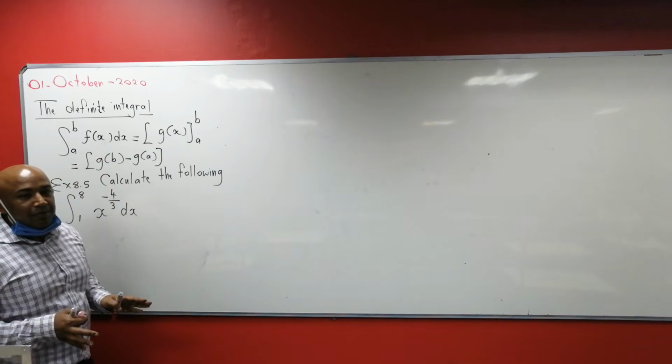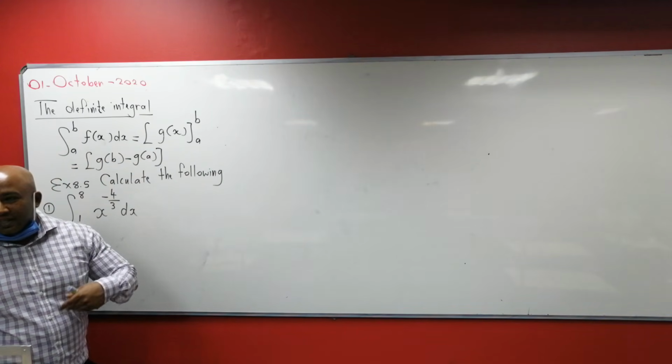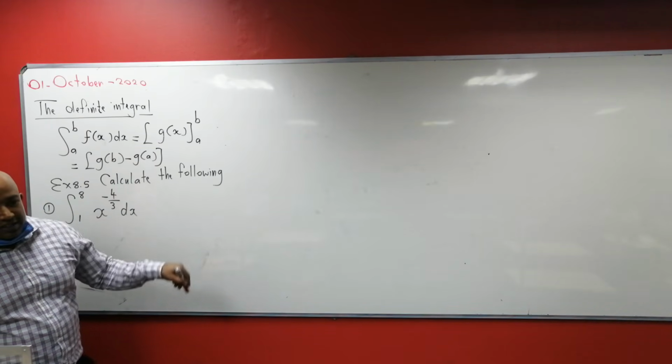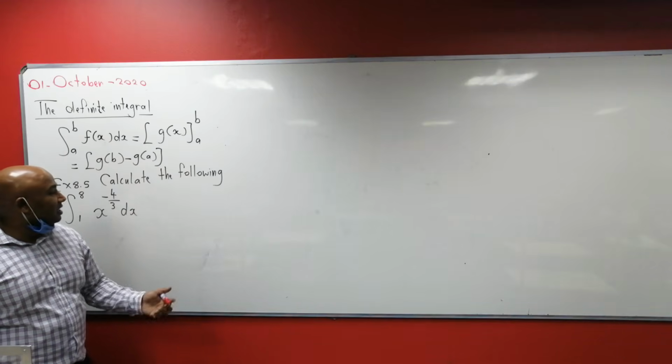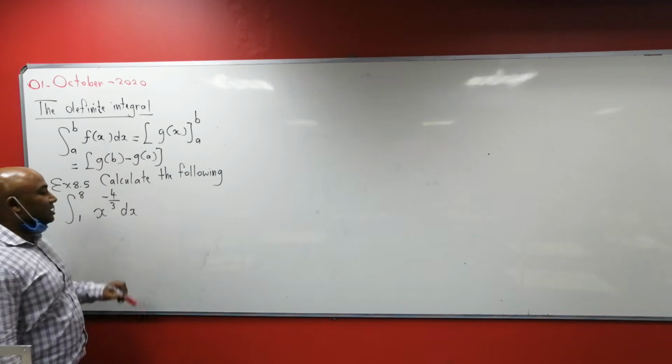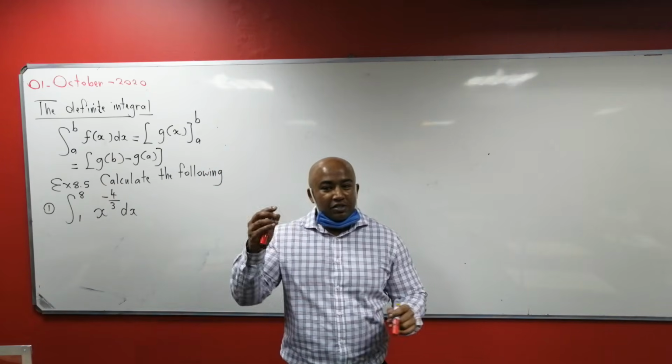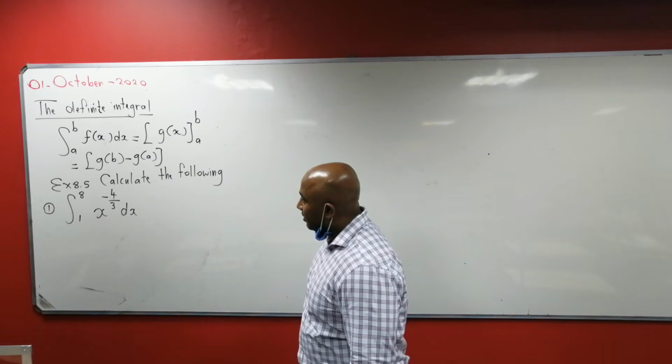This is building up towards calculating area, which is what we're going to do in the next lesson. We're going to sketch the graph, calculate area, and have values to substitute. So for now, all you're doing is integrating and learning how to substitute the values.